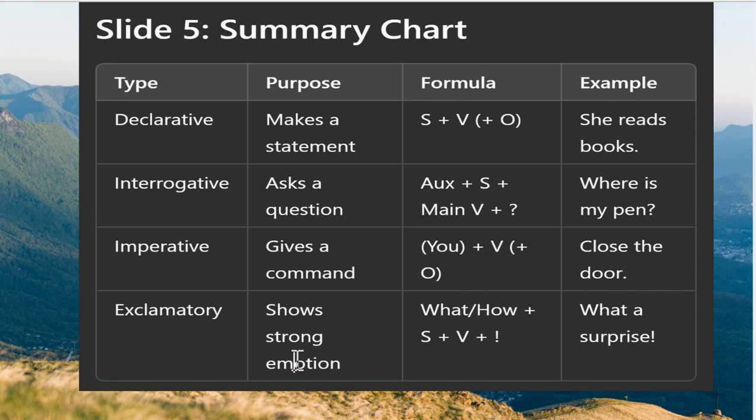Where is my pen? Imperative gives a command: verb plus object. Close the door. Exclamatory shows strong emotion: what or how, subject, verb, and exclamation sign. What a surprise!